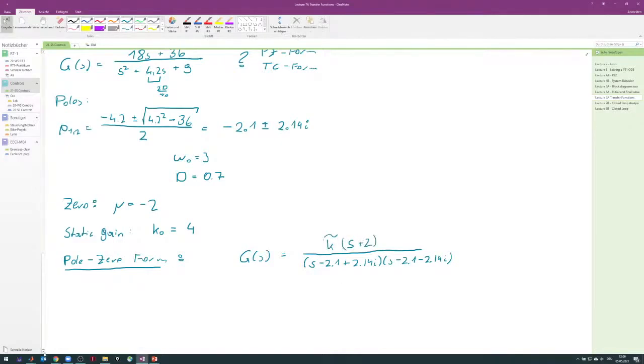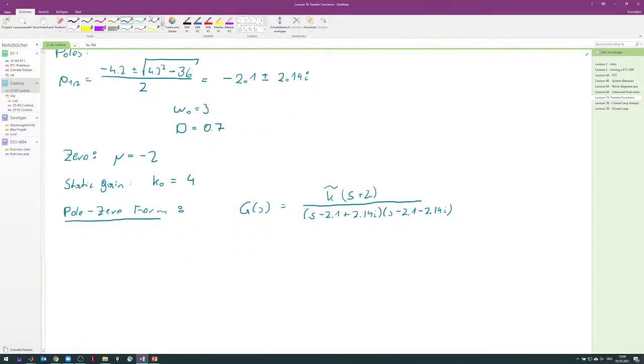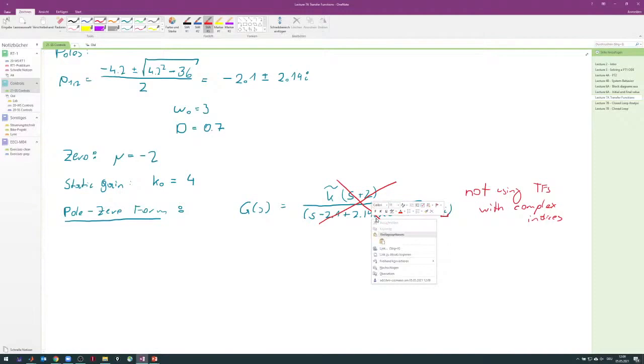However, this is not very nice because this guy is complex. This is why we are actually not going to do this. We are not using transfer functions with complex indices. Right? So we don't want to have this i in there. Right? So what else can we do?